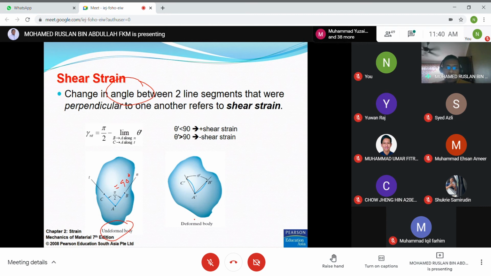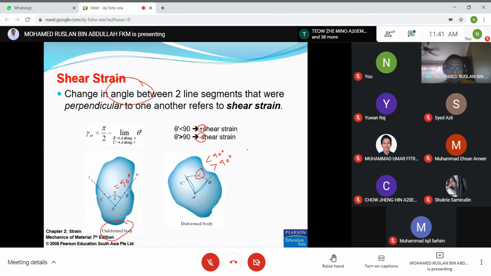After the deformation, we can see that the lines AC and AB now change. The angle theta dash may be less than 90 degrees or more than 90 degrees, so we compare before and after. If the angle is less than 90 degrees, we have positive shear strain, and if theta dash is more than 90 degrees, we have negative shear strain.